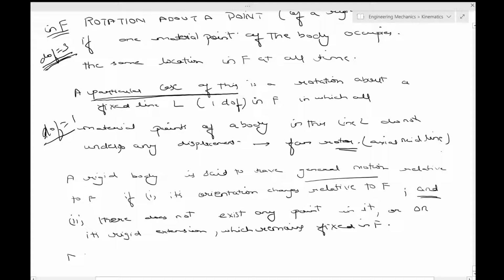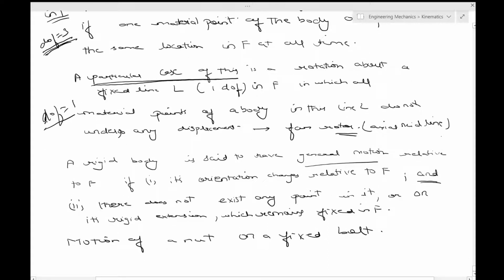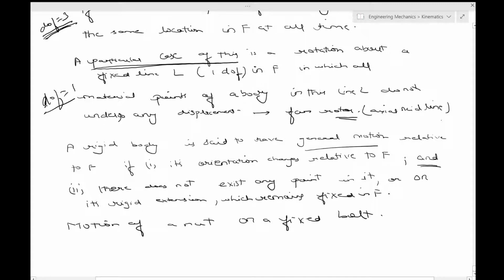The motion of a nut on a fixed bolt. A bolt is a kind of screw, but when you say nut it always goes with a bolt. So in this case you have this bolt which is fixed. These are the threads of this bolt, and then you have this nut.